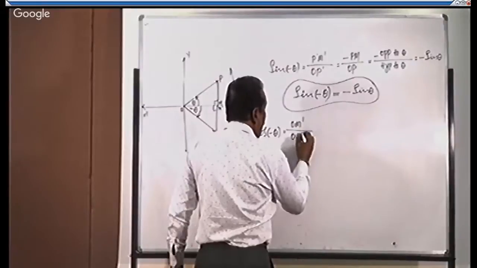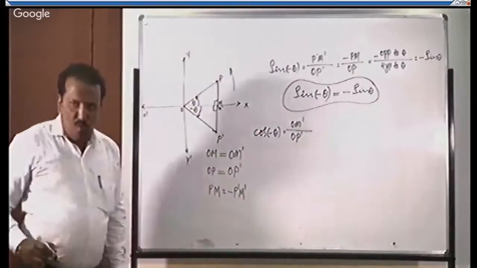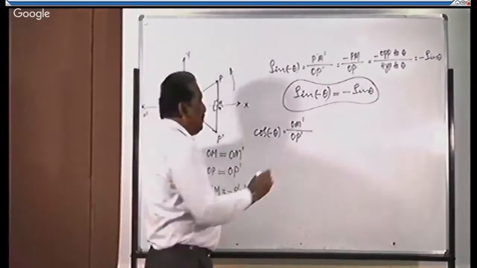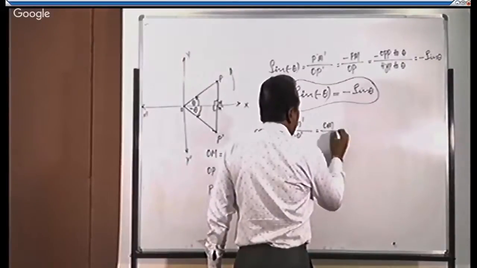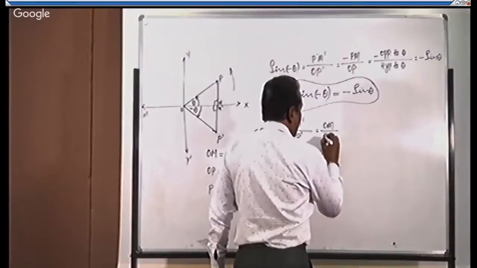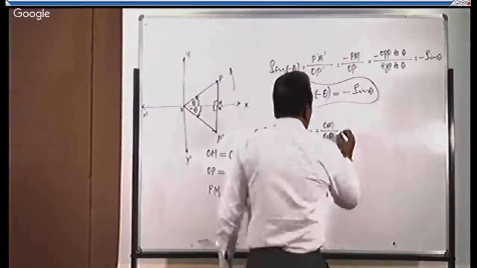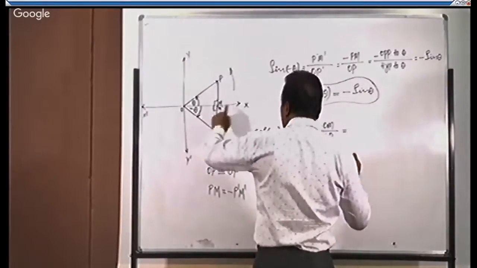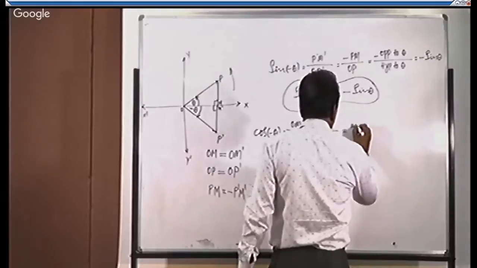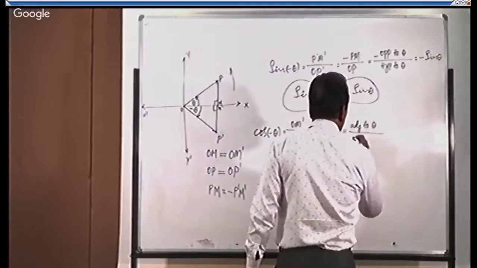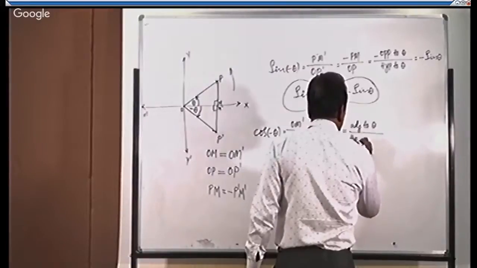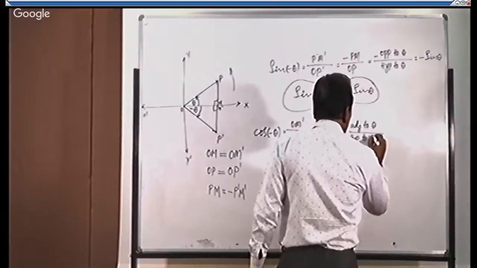It is OP'. We came to know geometrically OM' is equal to OM and OP' is equal to OP. So now you can write OM is also the adjacent side to angle theta divided by OP, the hypotenuse side to angle theta.